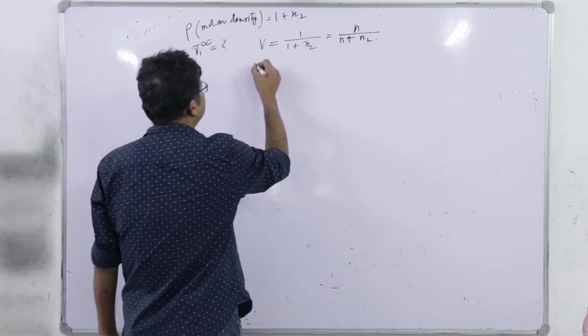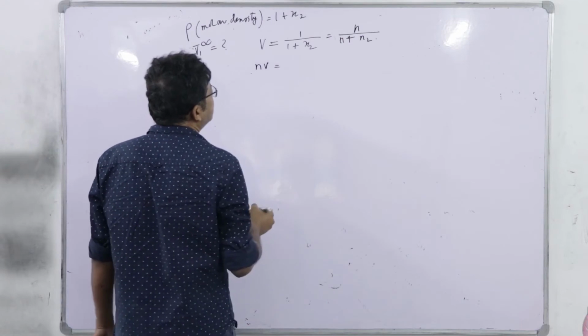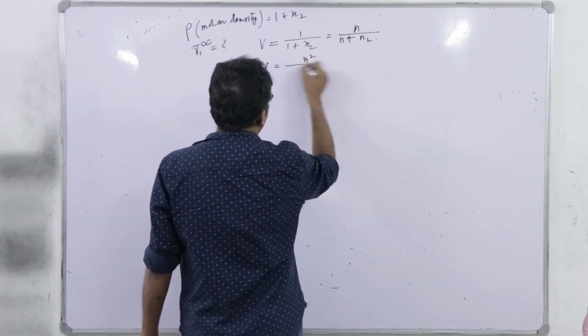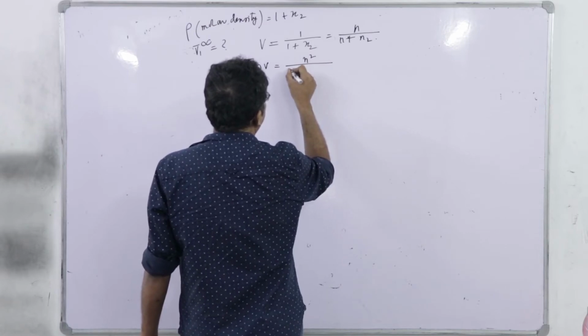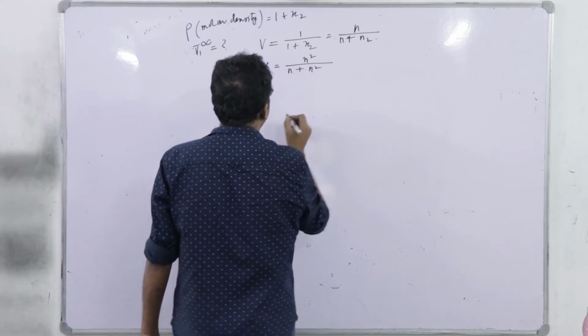n2, right. So, NV is equal to n square divided by n plus n2.